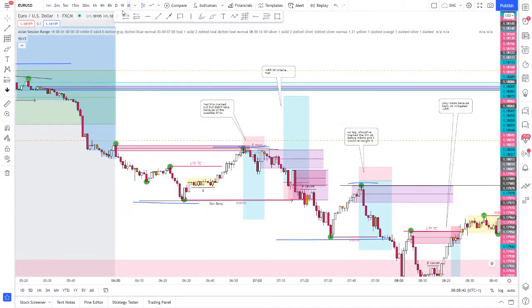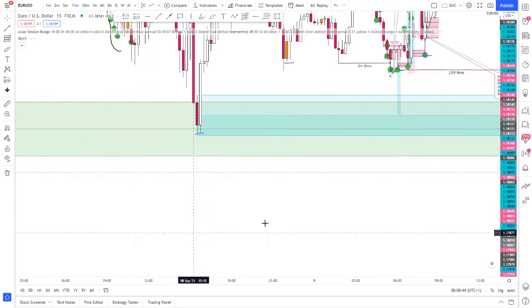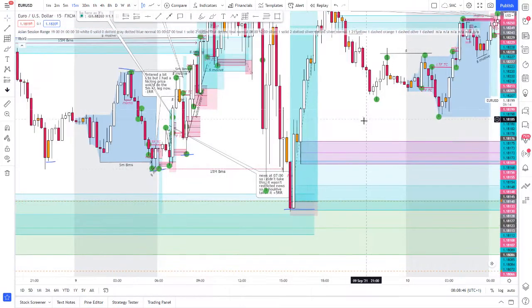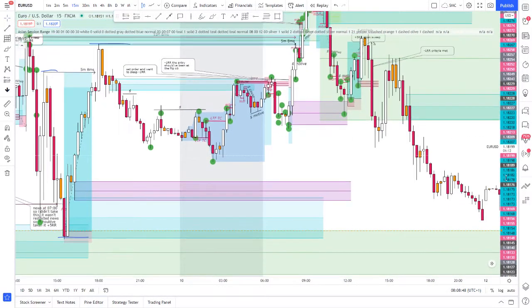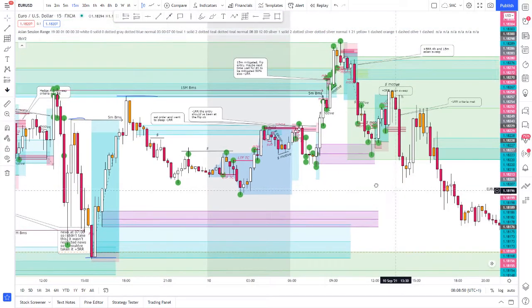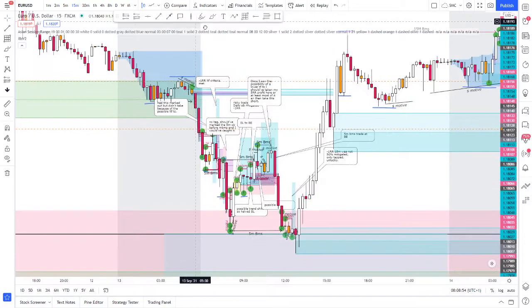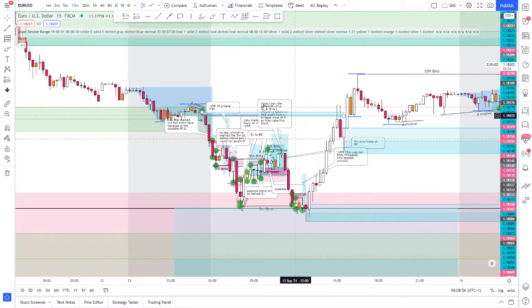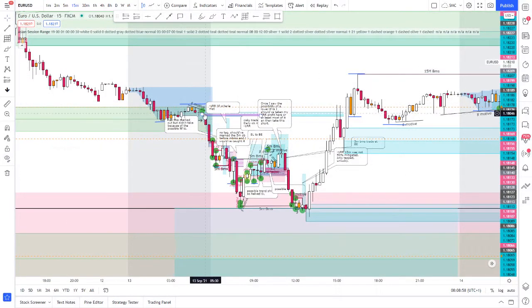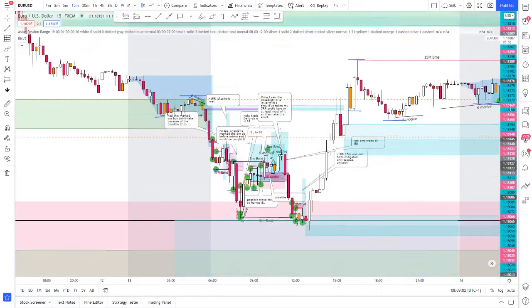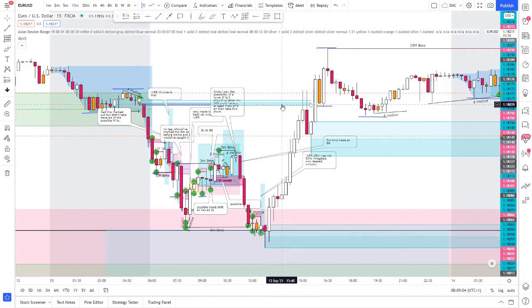Let's go to the 15-minute time frame so you can see things a bit better. There are a lot of boxes and lines. The blue boxes are order blocks, just candles that I choose that are 15-minute candles. That's the blue lines.